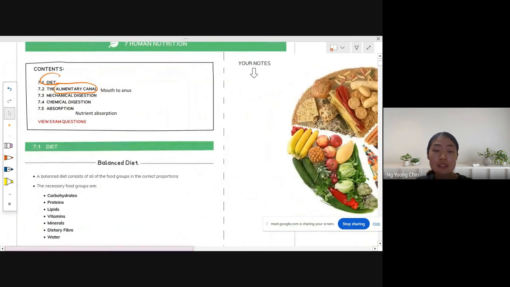The alimentary canal refers to the whole digestive tract, from the mouth to the anus. And then we learn about mechanical digestion and chemical digestion. Digestion is comprised of two ways. One is the mechanical form. Mechanical means breaking down the food in physical ways.